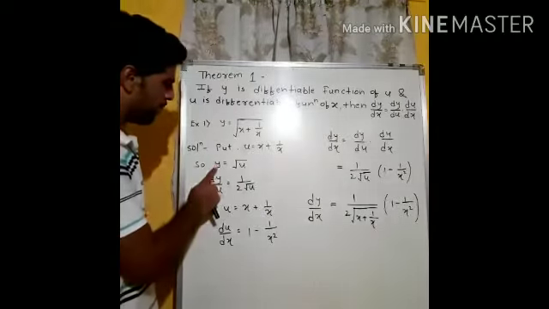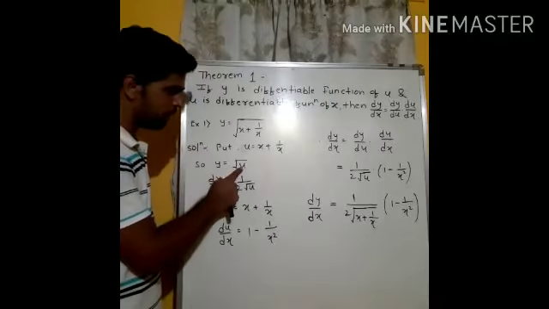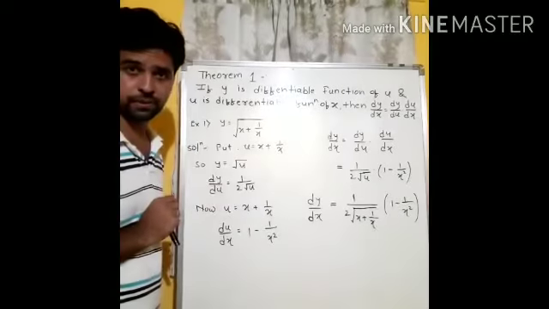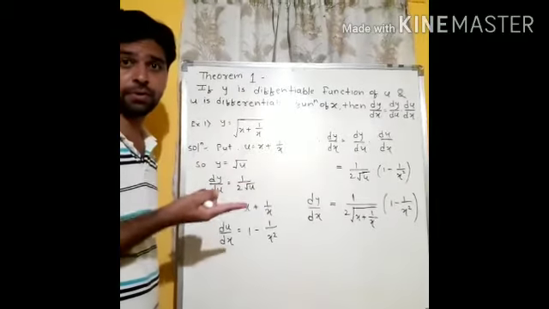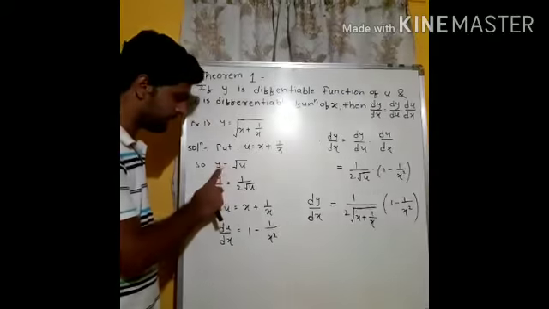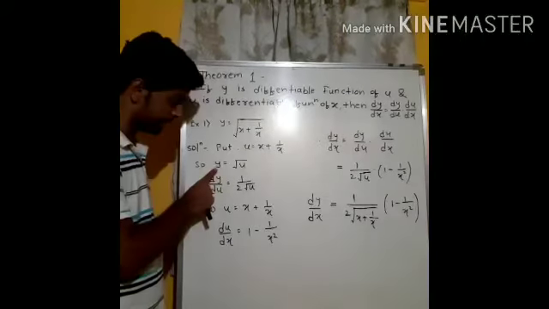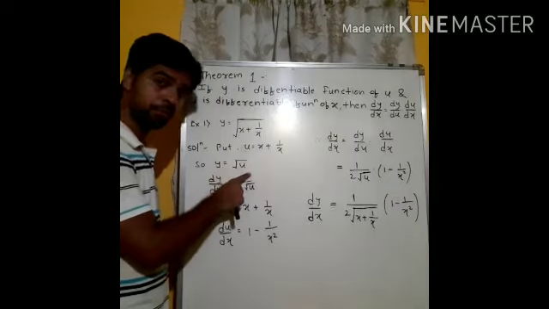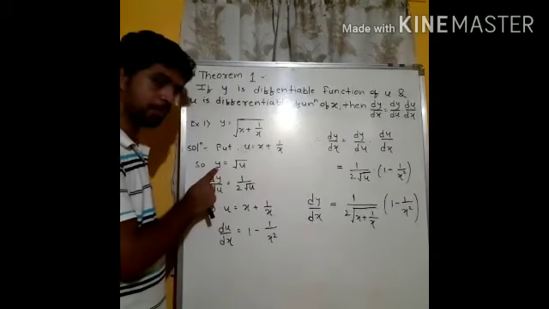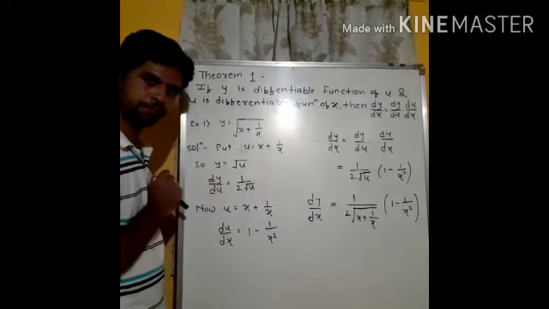Now y equal to root u, this u is a parameter of your function. So we'll differentiate y function with respect to u. So derivative of y with respect to u becomes dy by du.